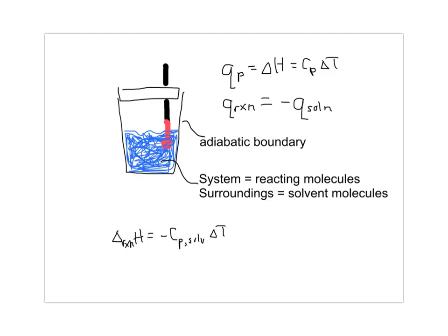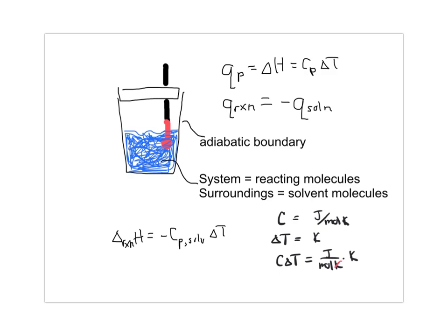Let's think about the units of this equation. Typically, we have a heat capacity that is in terms of joules per mole Kelvin. And so that would mean that if we multiply that by a change in temperature, which has units of Kelvin, the heat capacity times the change in temperature will be joules per mole Kelvin times Kelvin.